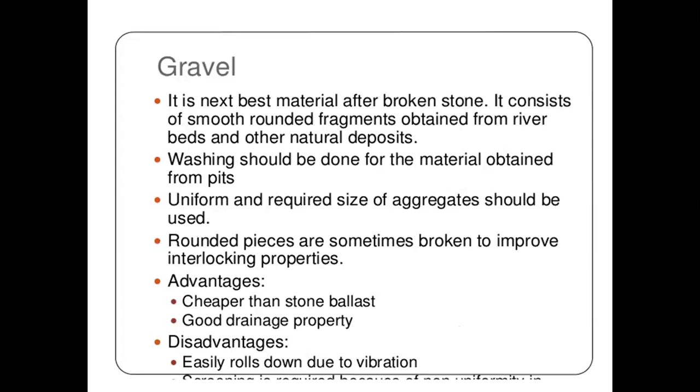Gravel. It is the next best material after broken stone. It consists of smooth, rounded fragments obtained from riverbeds and other natural deposits. Washing should be done for the material obtained from pits. Uniform and required size of aggregates should be used. Rounded pieces are sometimes broken to improve interlocking properties.